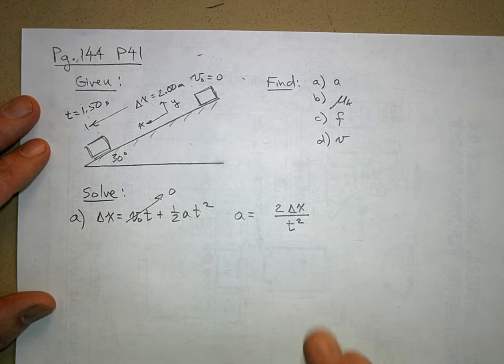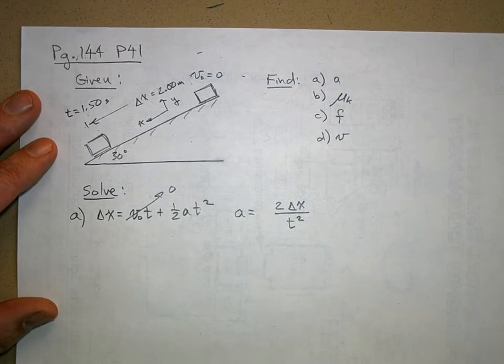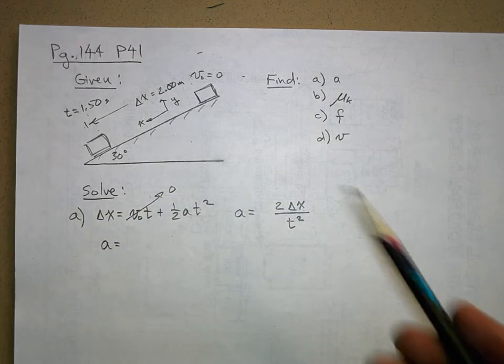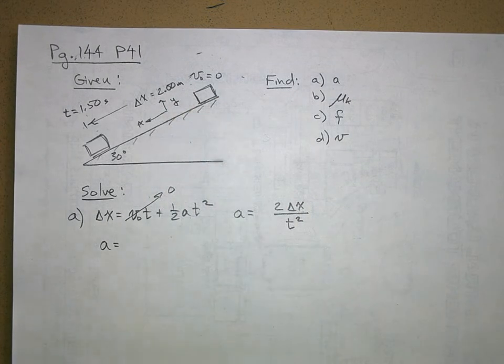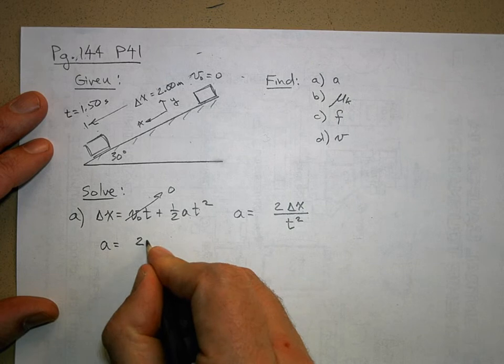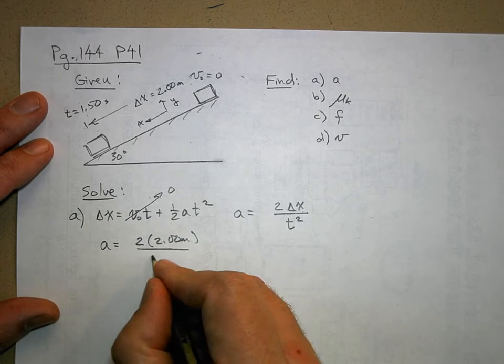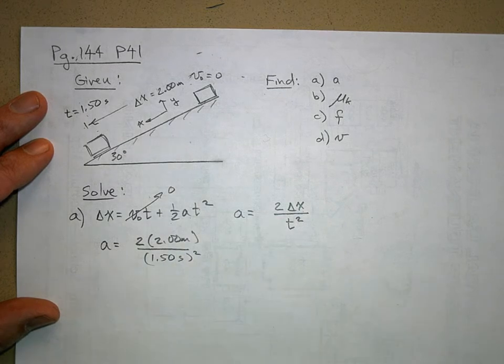Does that make sense so far? Did you get this far on it? Okay. So you just use the kinematic equations. When they're asking for an acceleration and they give you all this kinematic information, you can probably figure it out that way. And then you have 2 times 2.00 meters over 1.50 seconds squared.